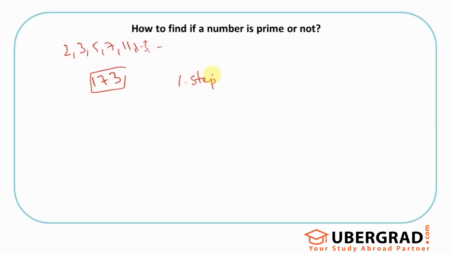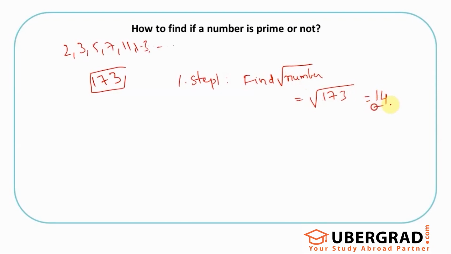Step 1: find the square root of the number. So I'll try to find the square root of 173. I'll take the closest integer, which is basically 14. 14 squared is 196, and 13 squared is 169.